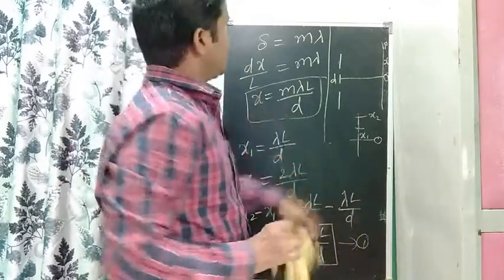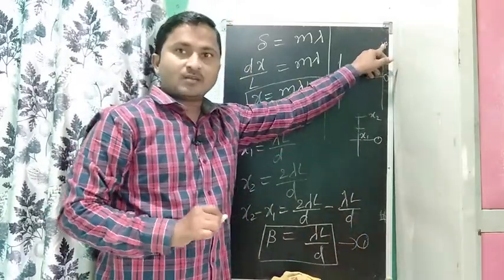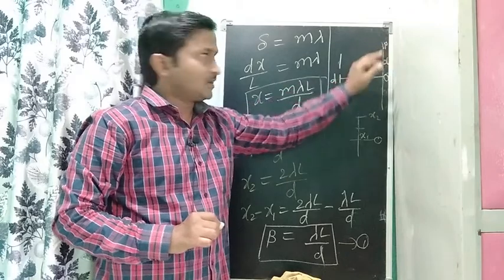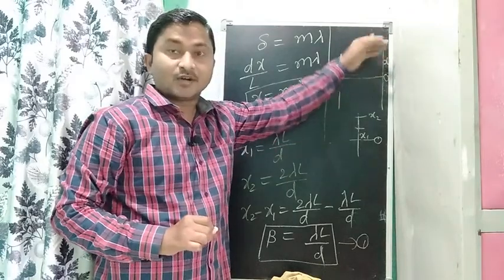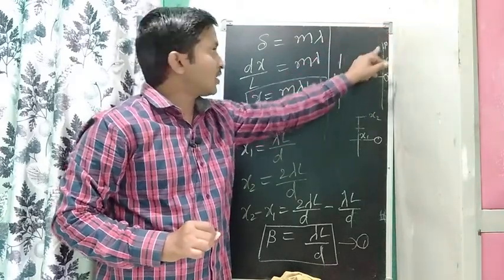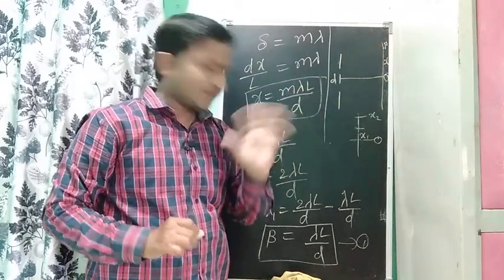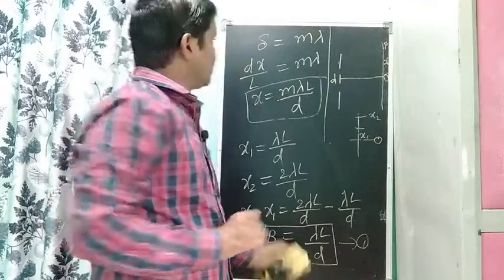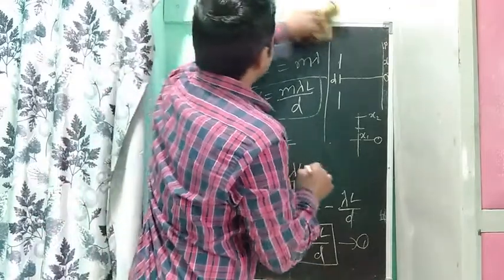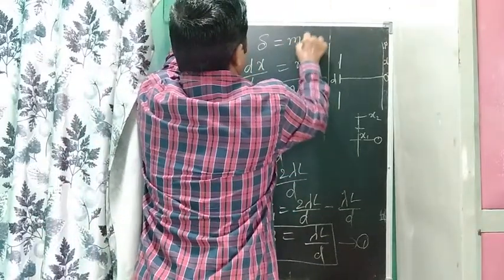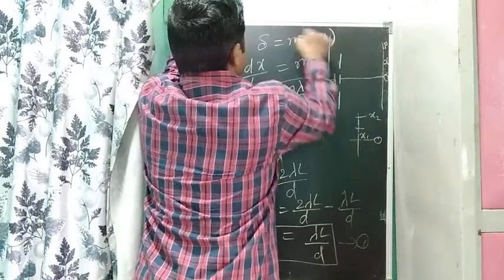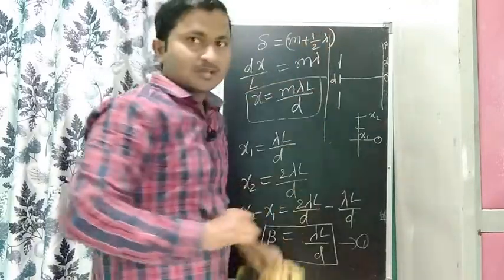Suppose the point P is a dark fringe. For the formation of a dark fringe at the point P, the path difference between the two light waves must be delta equal to m plus 1 by 2 into lambda, where m equals 0, 1, 2, 3, 4 and so on.